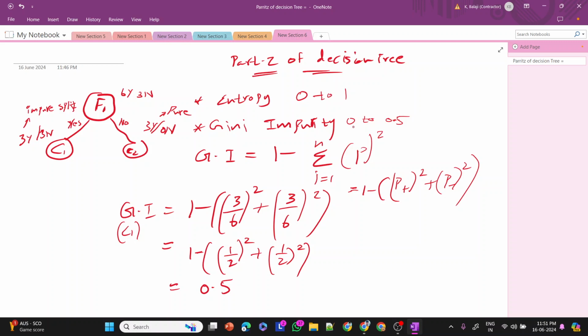When we get 0 for Gini impurity, the same as entropy, it is a pure split. Here we are getting 0.5 for Gini impurity, and the maximum value is 0.5, so it is a 100% impure split.